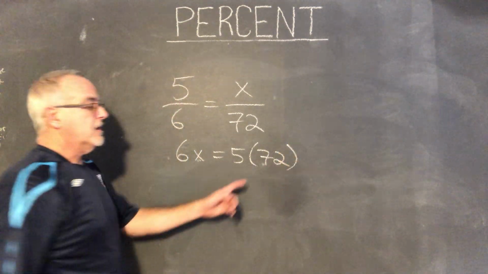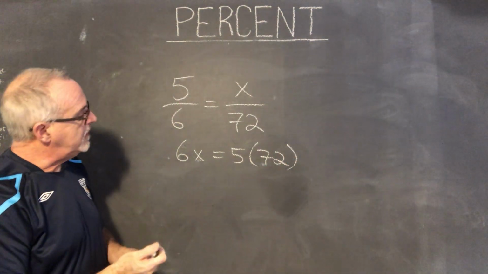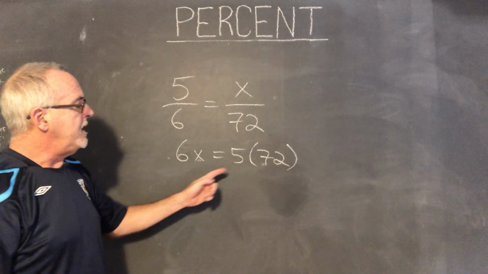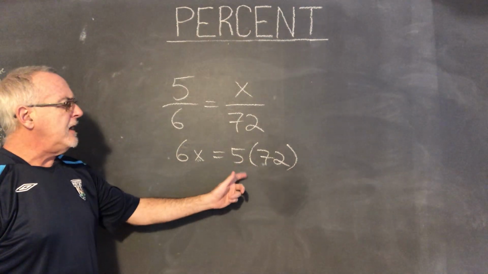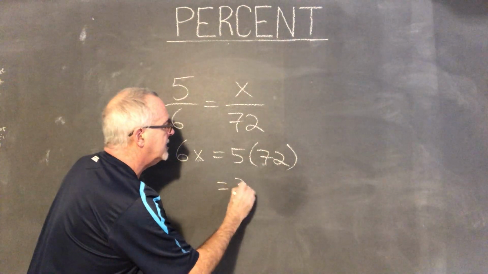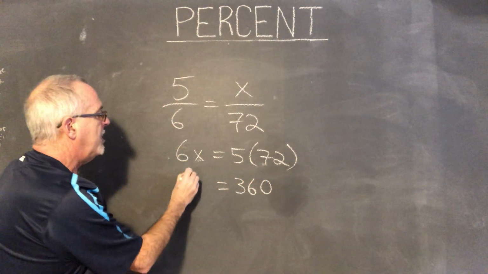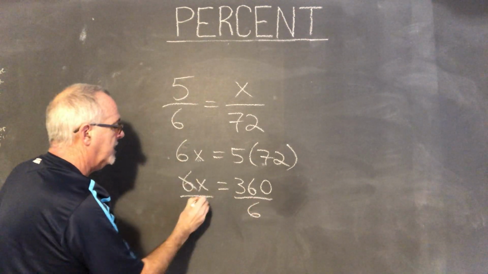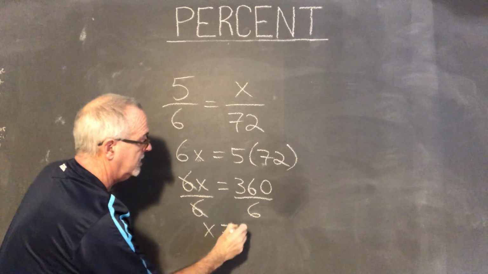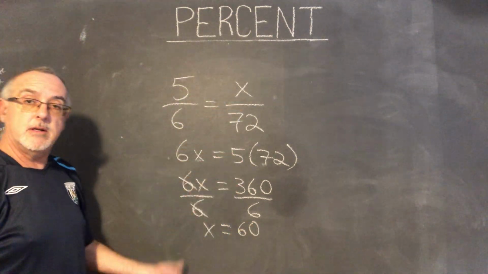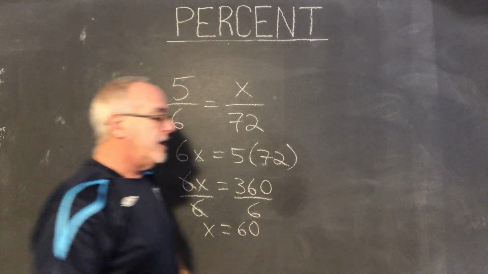I might grab the calculator to do 5 times 72, but I might feel like I can do it without the calculator, and then I use the calculator to verify. 5 times 70 is 350, and 5 times 2 is 10. 350 plus 10 is 360. And I have 6x equals 360. I divide both sides by 6 so that I can cancel. X is equal to 60. So 5 over 6 is equal to 60 over 72. Okay, another one.